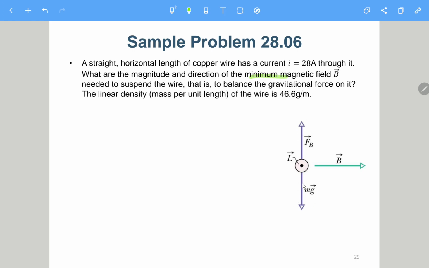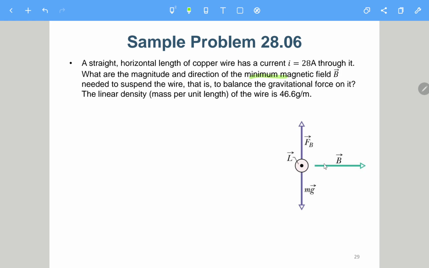So in this case, the B can be either pointing to the left side or the right side. Here, if we are so lucky, we assume that the B field points to the right side, so L is pointing out of the page, L cross B, so FB is pointing upward. Okay, so this is great. If B is pointing to the left side, FB is pointing downward, which has the same direction as the gravitational force, and there is no way to cancel.